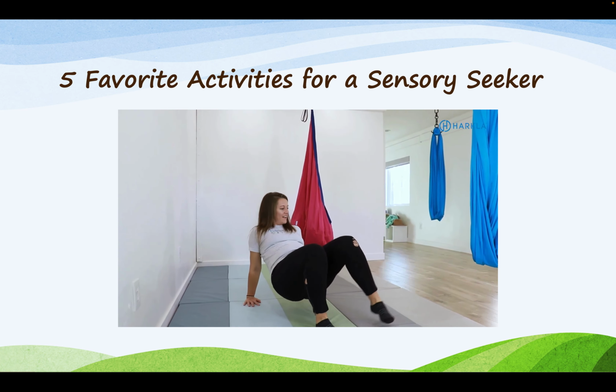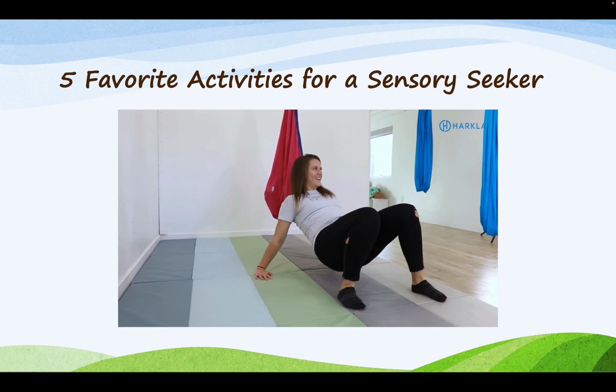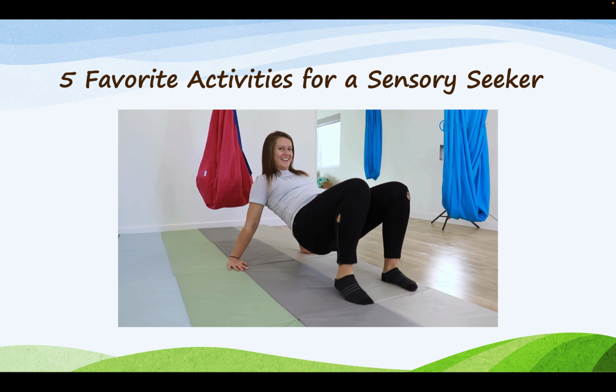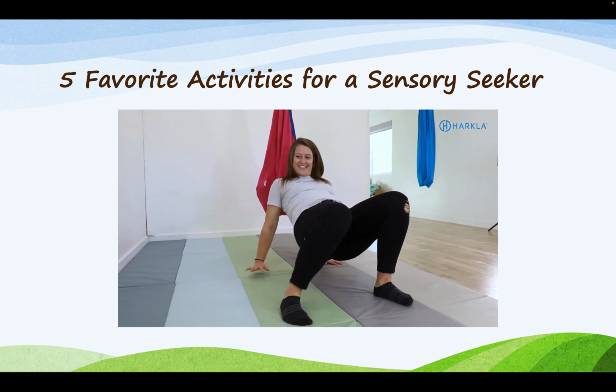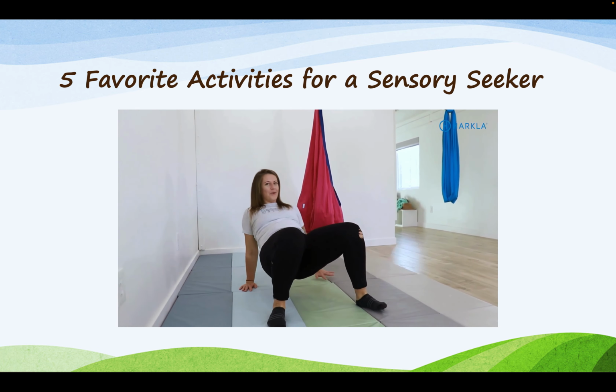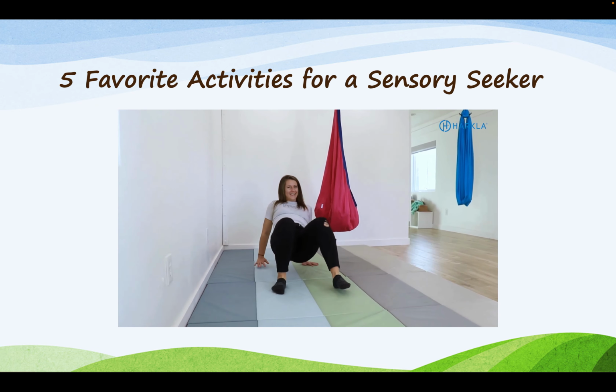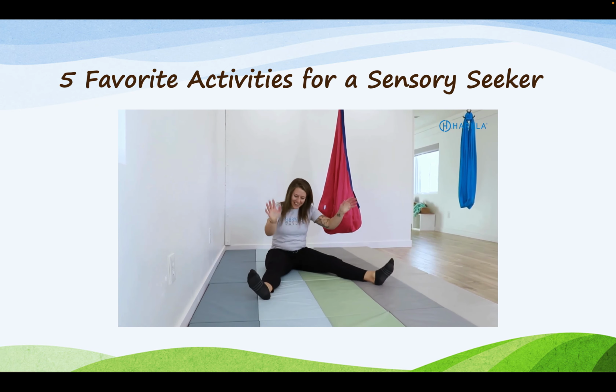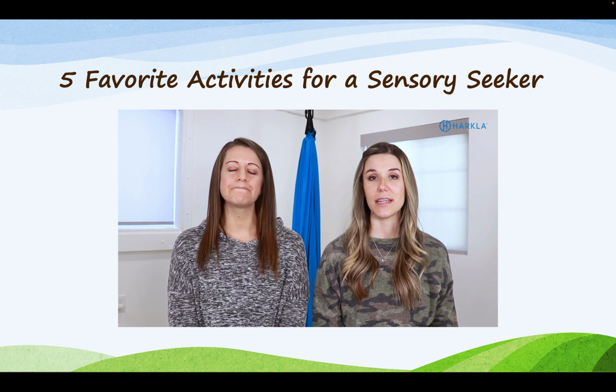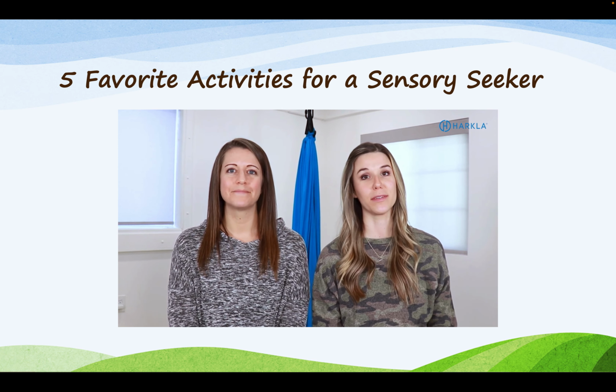Yep. Animal walks are great. So things like bear walks, elephant walks, crab walks are fantastic. Getting your child into different, weight-bearing positions, anytime you're using that resistive input to those big muscles, joints, and tendons, you're offering that proprioceptive input.